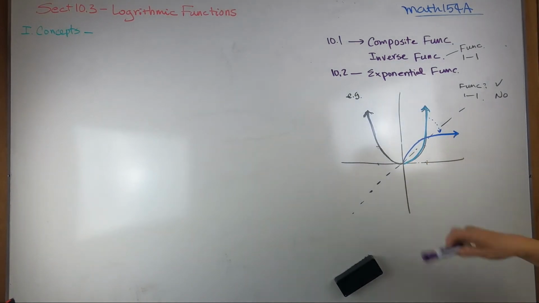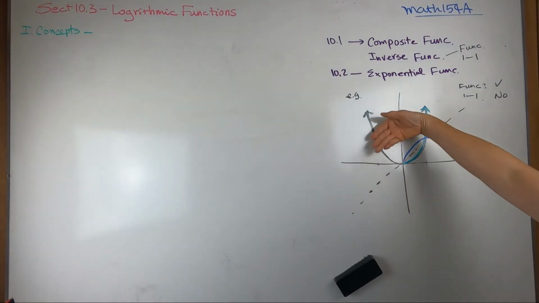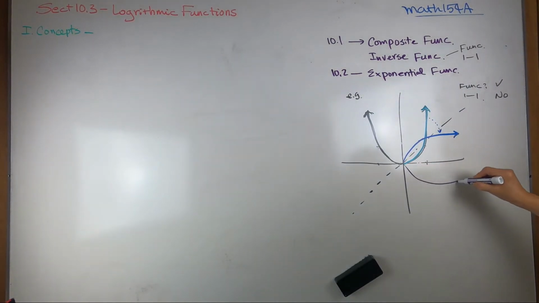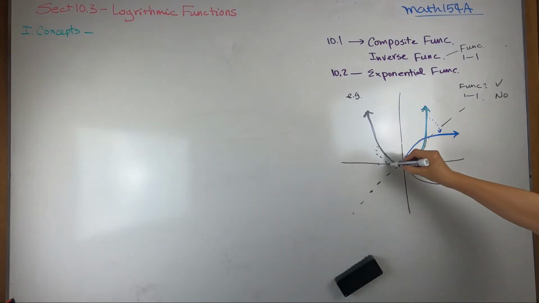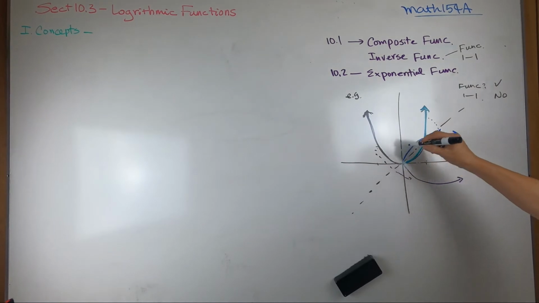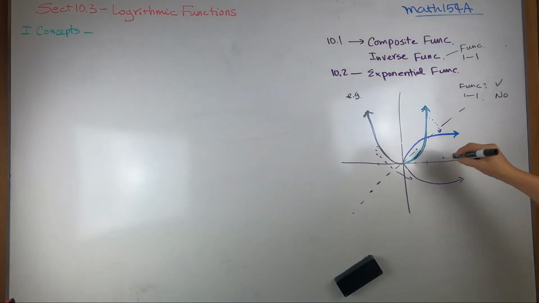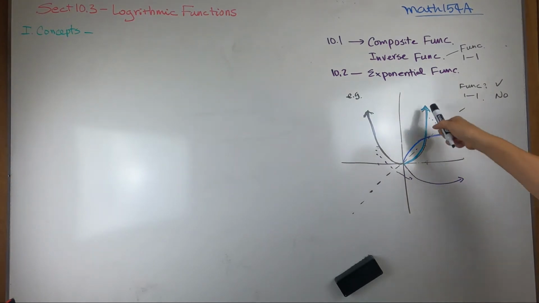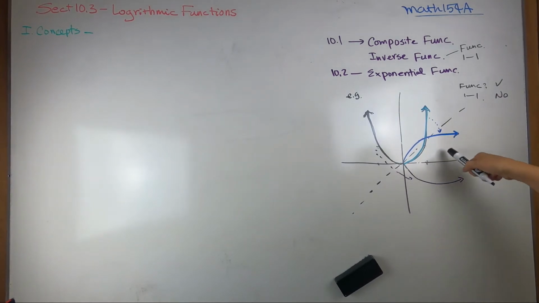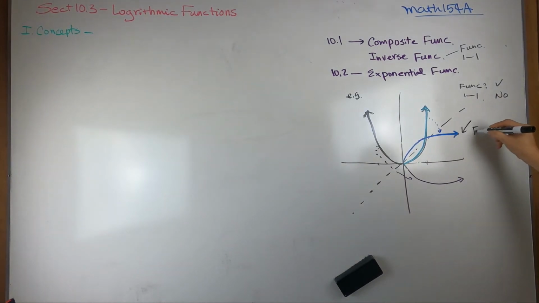So from this one, what do you do for the inverse? You flip over, so it will look like here. So for a parabola, it was this way. When you do the inverse, it will be like those, right? So for the inverse of this parabola function, is this a function?